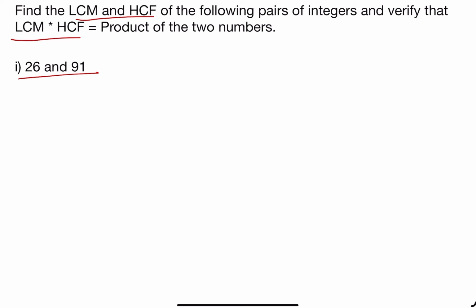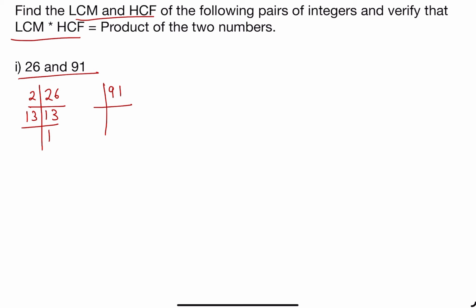So 26, first we will find prime factors. 26 is an even number, so we can divide it by 2. So 13, and 13 is a prime number. And for 91, it is not even, so we cannot divide it by 2. When we do the sum of the digits, 9 plus 1, we get 10, so we cannot divide it by 3.